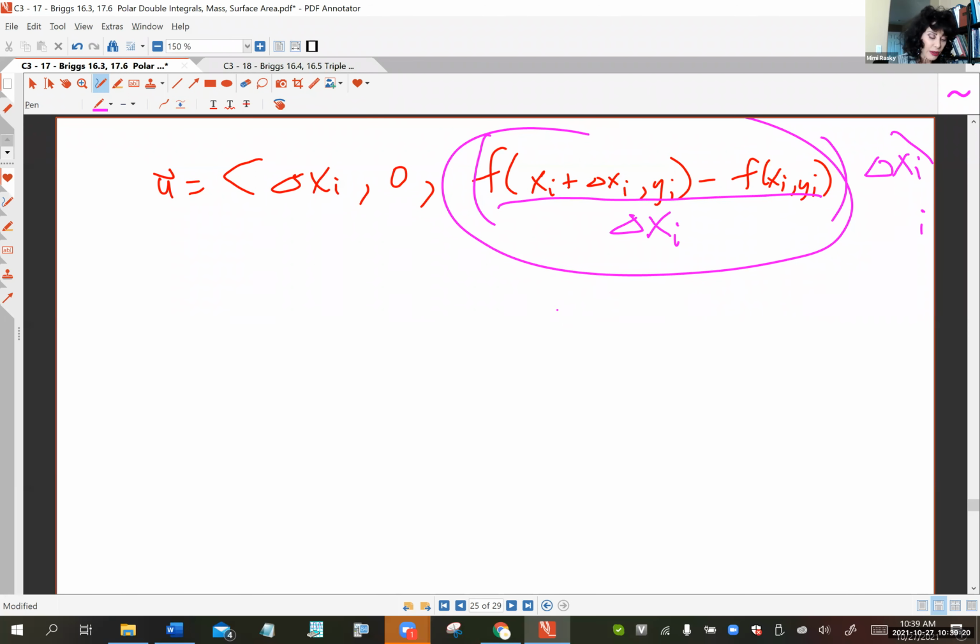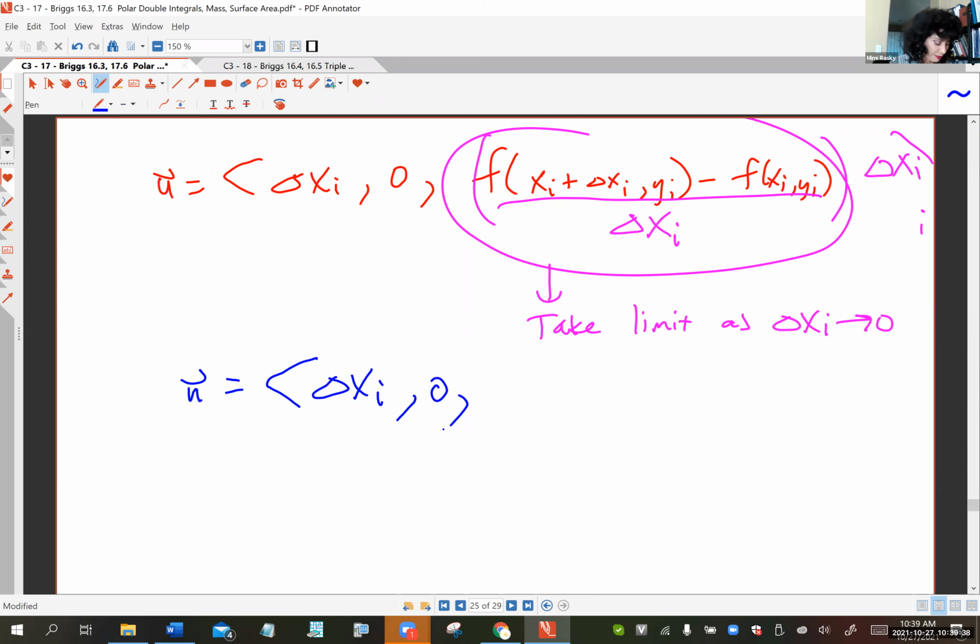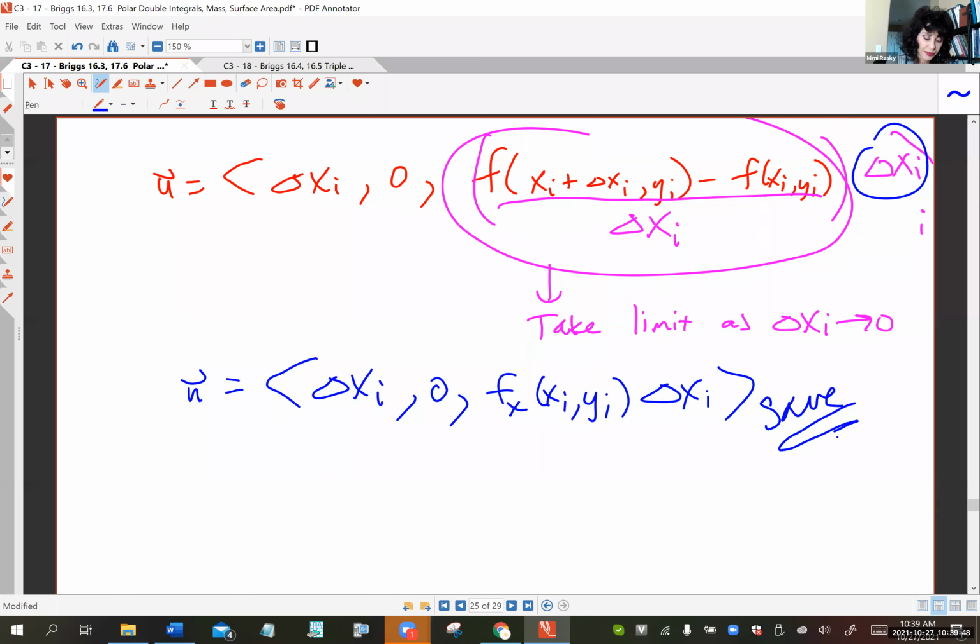It turns out if we take the limit as delta x sub i goes to 0, this is the partial derivative of f with respect to x. It's the definition of it. So this vector u looks very special. And we still have this delta x sub i out here. So let's save that for later and move on.